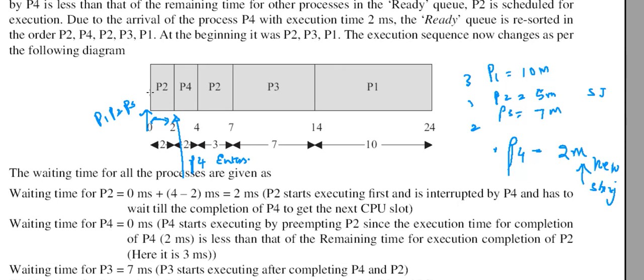So initially 0 waiting, and then it should wait for P4 to complete. P4 completion is 2, so it waits 2 milliseconds. 0 plus 2, total 2 milliseconds. P2 is running here, and here it is waiting.